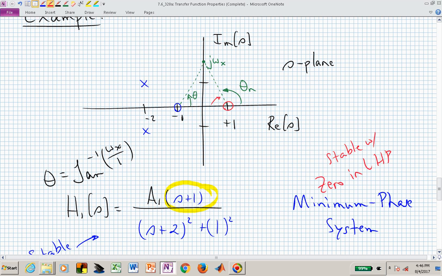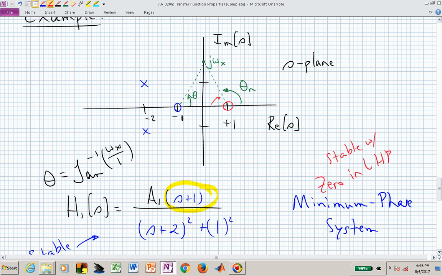So the magnitude of those zeros, be it at minus 1 or plus 1, is the same. So we couldn't tell any difference in the magnitude response, but the angle is different. The angle of the blue zero, or the zero in the left half plane, is smaller, so it's minimum relative to the same magnitude response.